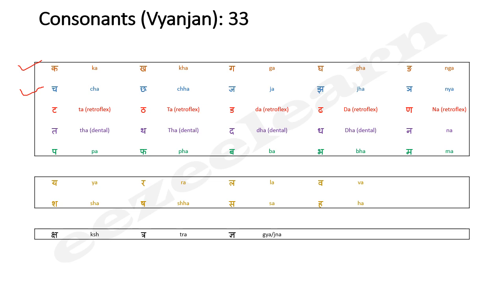And the next one is Ta series. Ta, Tha, Da, Dha, Na. The next is Ta series. Ta, Tha, Da, Dha, Na.